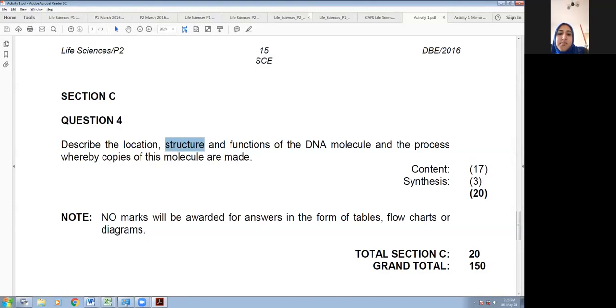Very good, Abrar. Remember, if you just say sugar, you don't get the mark. If you're speaking of RNA, you'll say ribose sugar, and if you're speaking of DNA, you'll talk of a deoxyribose sugar. And then the 4 nitrogenous bases that we get are thymine, adenine, cytosine, and guanine. Thank you, Katlejo.